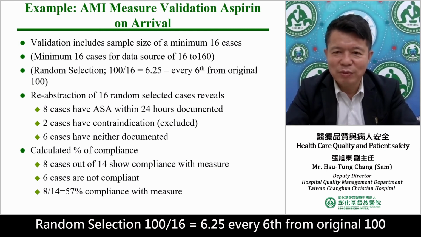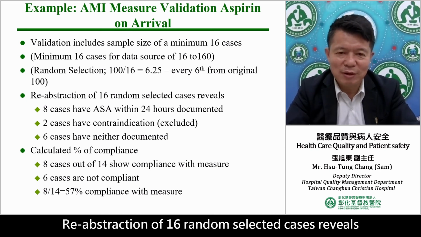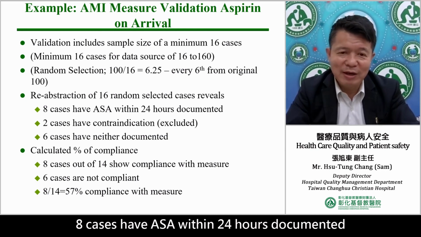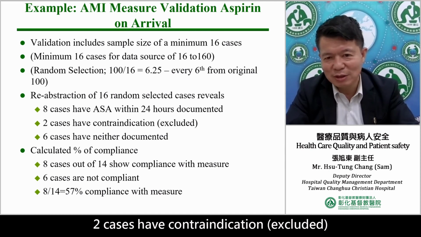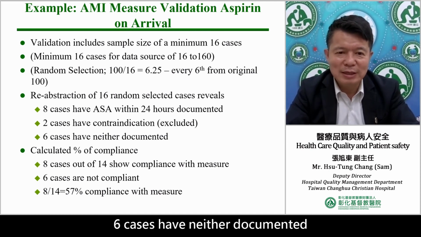6th from the original 100. The abstraction of 16 random selected cases reveals that 8 cases have aspirin on arrival within 24 hours documented, 2 cases have contraindication excluded, and 6 cases have neither documented.